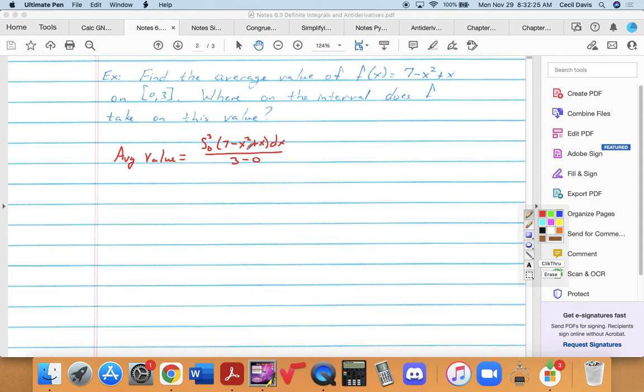Since we don't know how to do this with this x squared term in here yet, if it had just been the 7 and the x, that would have been some sort of a linear graph and we could have used area.